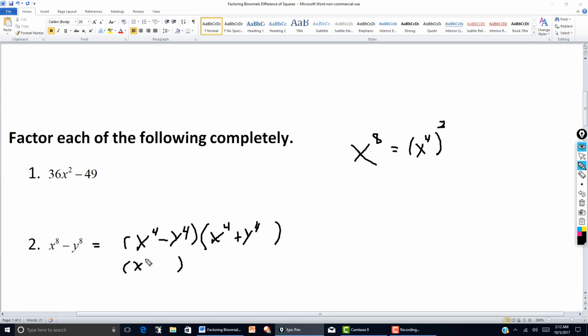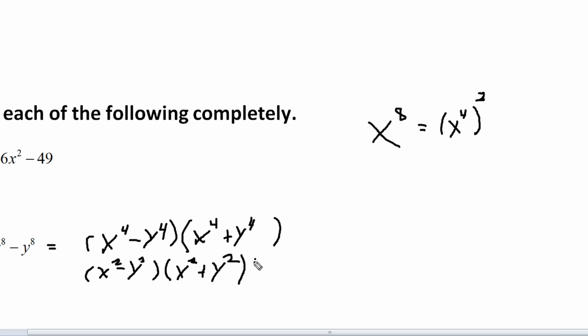So the first factor factors into x squared minus y squared and x squared plus y squared. The last factor, like we said, cannot be factored, so we leave it as x to the 4th plus y to the 4th.